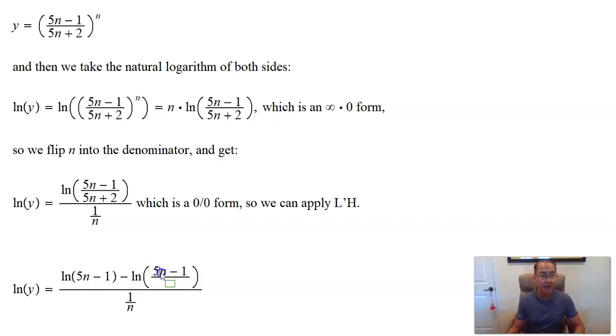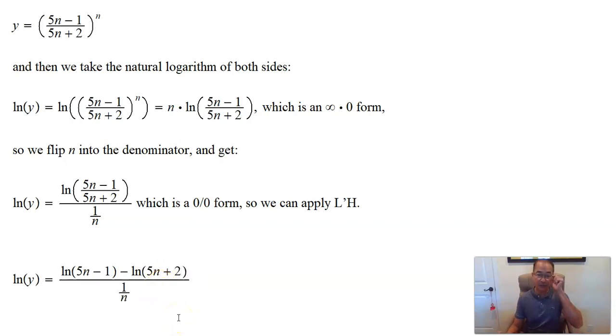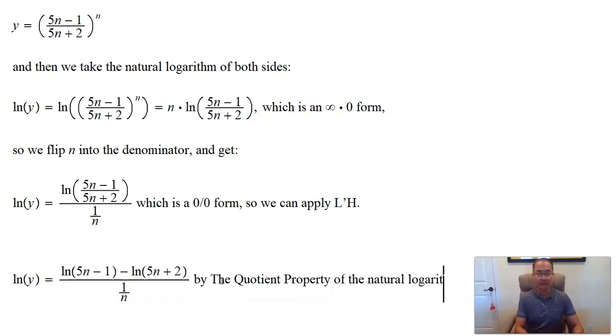Just the denominator, please. So we can erase this and replace it with 5n plus 2. And again, you don't have to think of this as an infinity minus infinity form, because these two are exactly the same according to the quotient property of the natural logarithm.